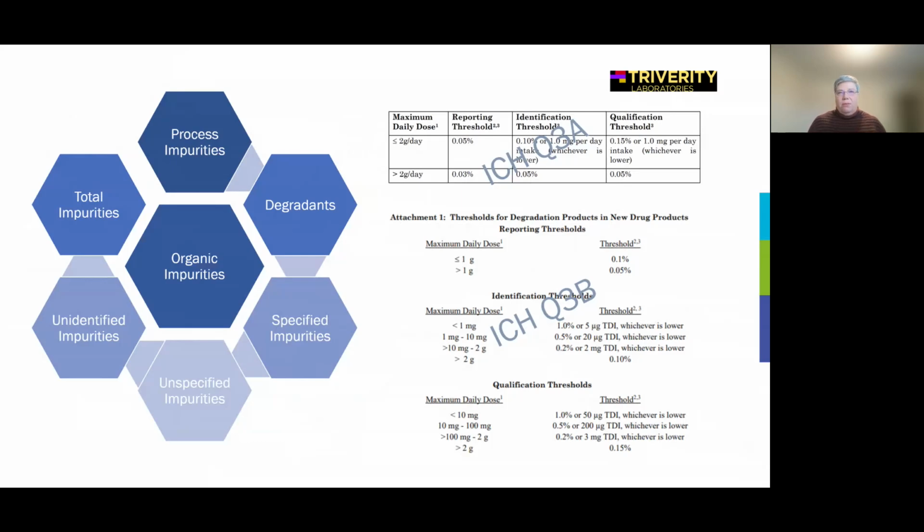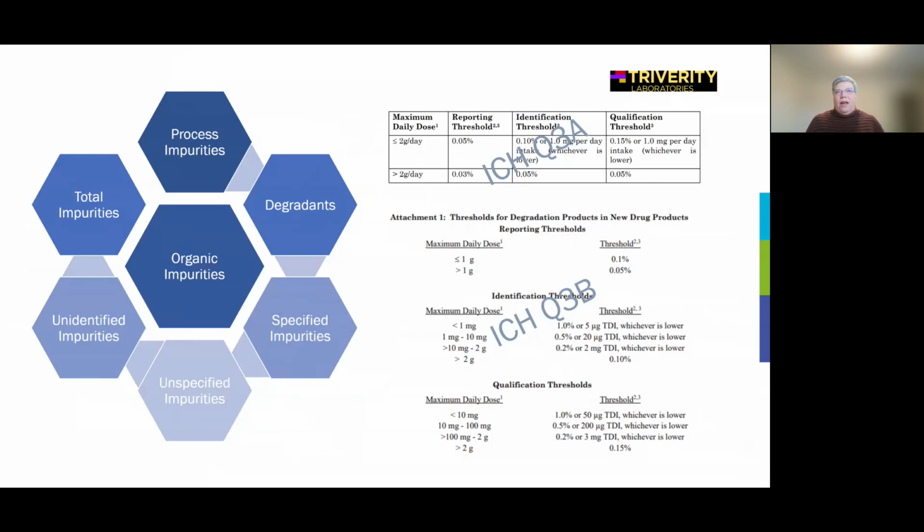Sometimes you can have process impurities that are also degradants, so you need to keep that in mind as well. So on both of these, there's a couple definitions. One is specified impurities. Specified impurities are the impurities that are named on your specification. And the opposite of that, then unspecified impurities are impurities that are not specifically called out on your specification.